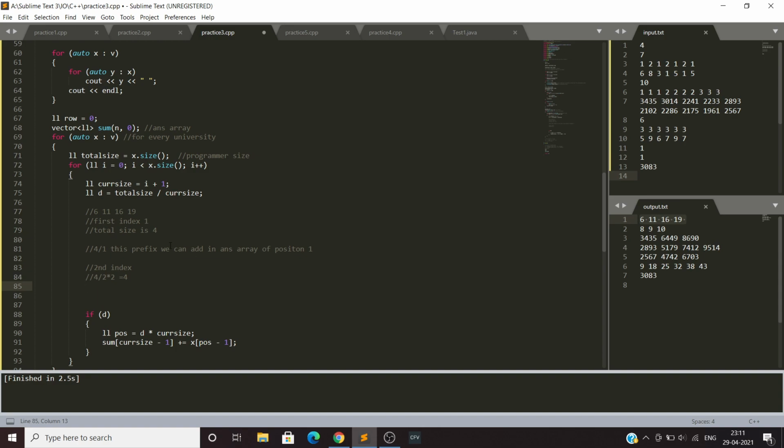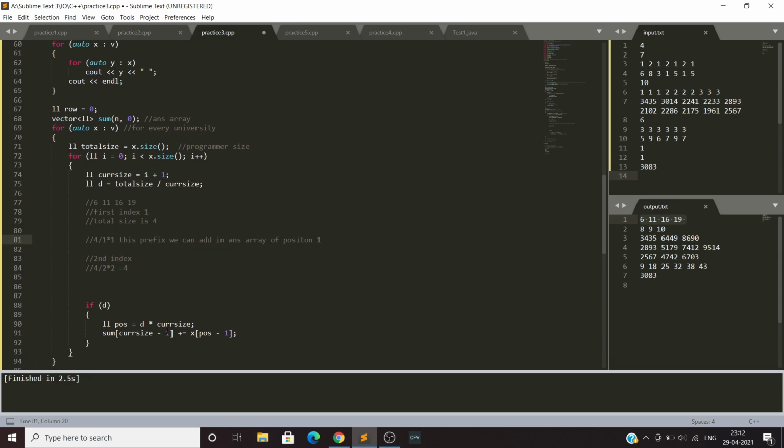This is the farthest position we are saying: d times current size. Current size is the index. So here this 2 is the current size, and 4 divided by 2 is d, the total size divided by current size. So for this we can reach position 4.